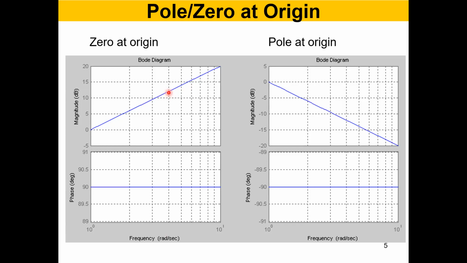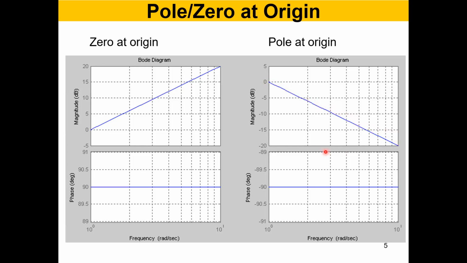And if you look at a pole at the origin, these are the graphs. If you send a frequency signal through it, it will undergo a minus 90-degree phase change. And for magnitude, again you start with 0, that is no amplification, no attenuation, but it will gradually start attenuating the signal like that.